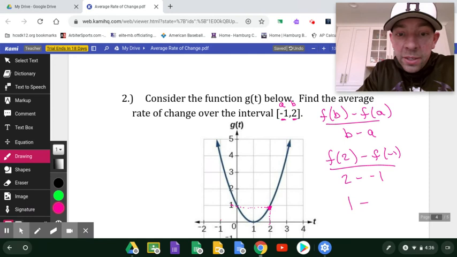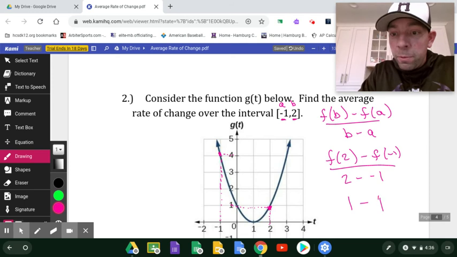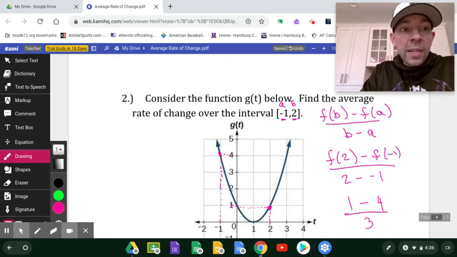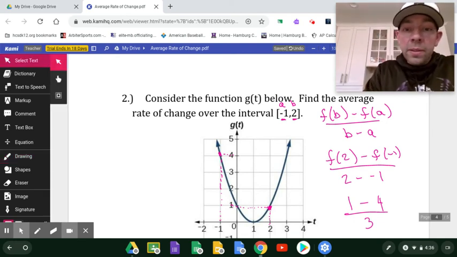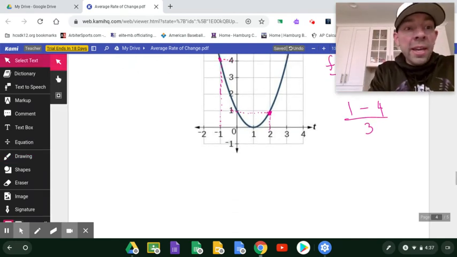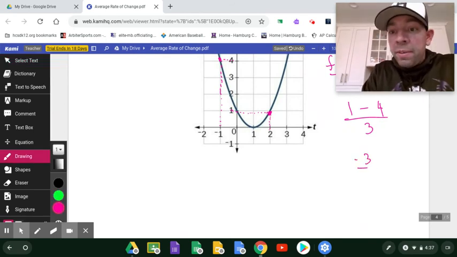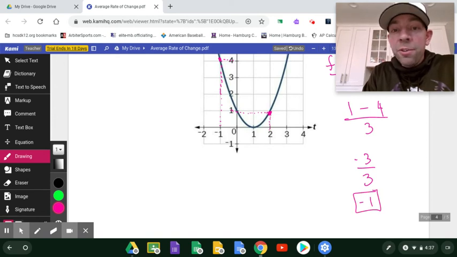Now at x equals -1, I'm going up, up, up, up, right there. Okay, so now my y coordinate's a 4, so I'm going to go 4 all over, and we could say 2 minus -1 makes a 3. If I clean that up just a little bit, we're getting -3 divided by 3, which makes -1. That's what we think our average rate of change or our average slope is.